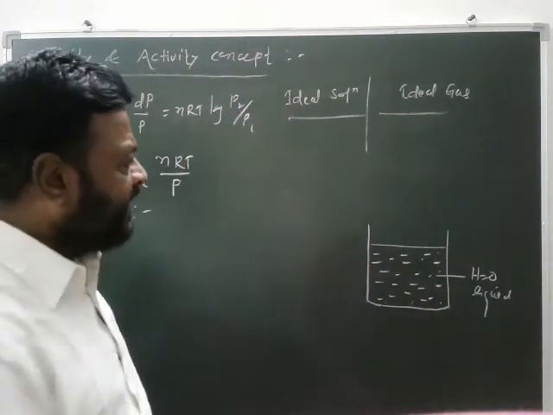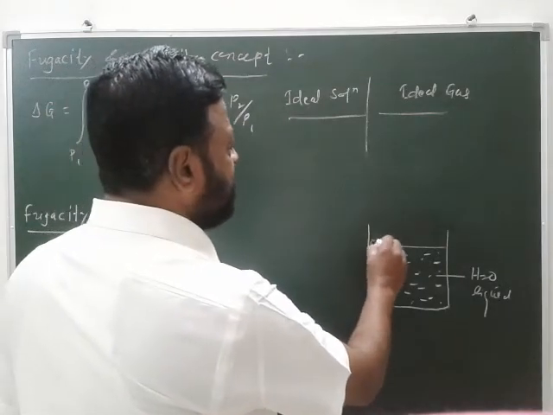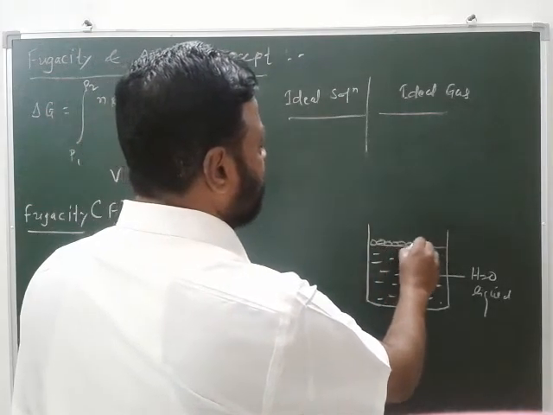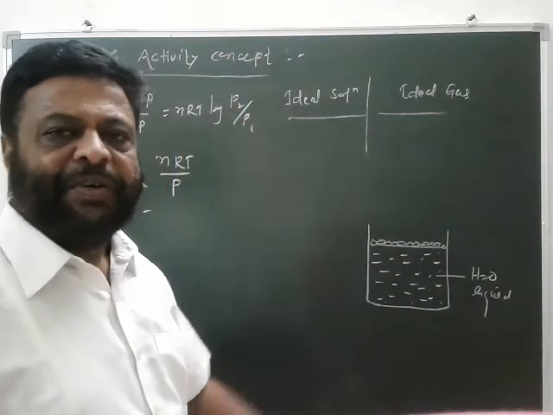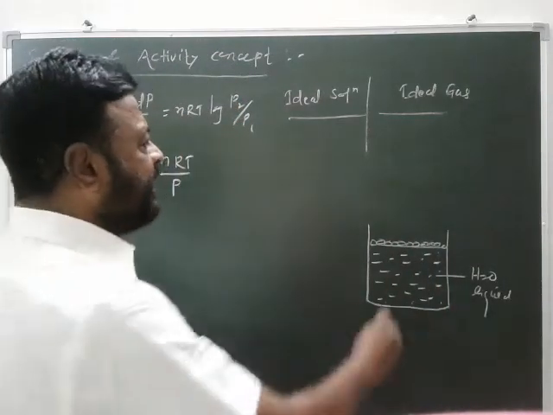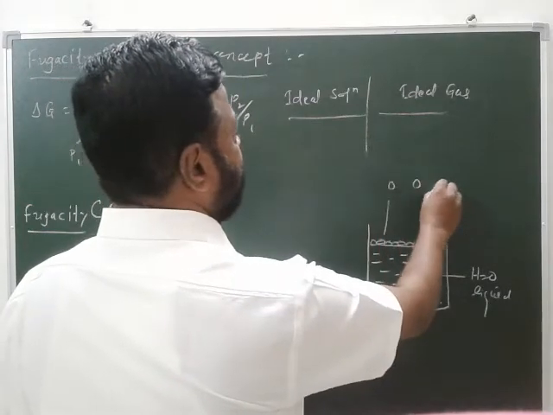Then we observe that the molecules present at the surface of the liquid have a tendency to escape from that flask, and they get converted into vapor.